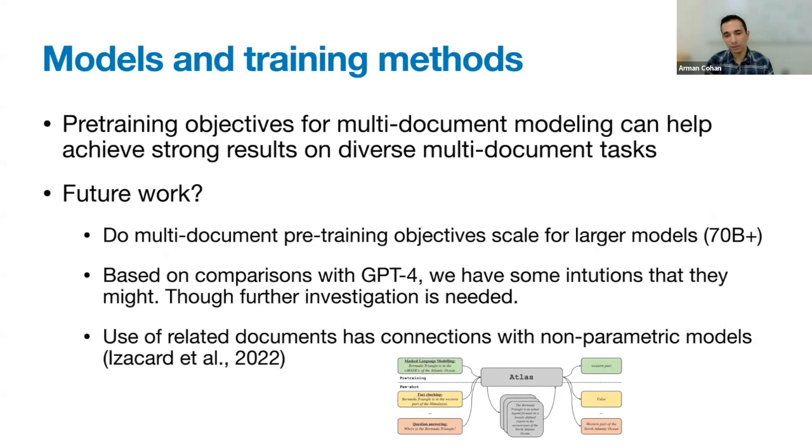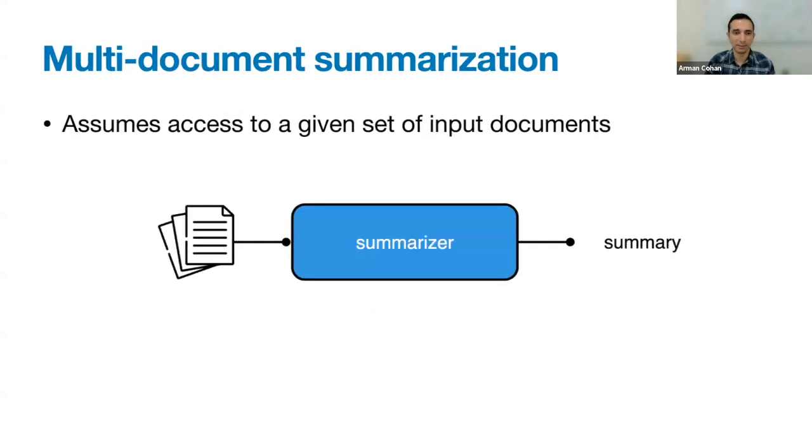However, it's not conclusive. We ideally need someone from industry to do this type of experiment. And this has some kind of connection with non-parametric models, where maybe including related documents in a context can help you do few-shot learning much better. And there are actually newer papers coming out to support this hypothesis as well.